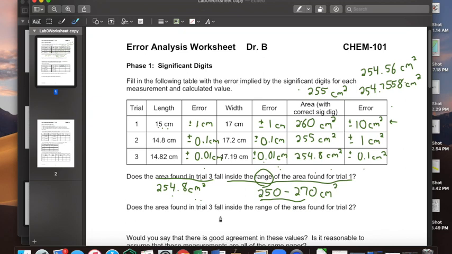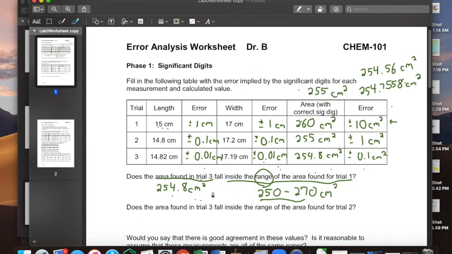When you do your lab report, you can go through a similar exercise like this with your values for each of your lengths and widths. See what range you mean. When you get the area and you round it to the correct significant digits, what range does that imply? And then you can answer these questions.